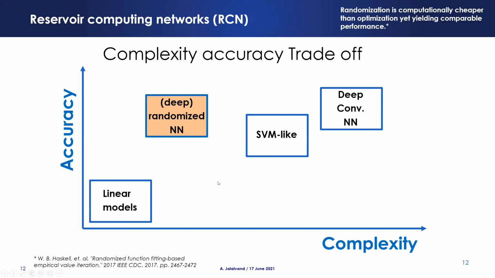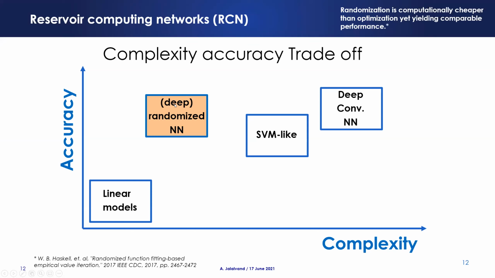If we look at this plot, linear models have very low complexity, we know that, but they also have low accuracy. On the other side of the spectrum, we have deep convolutional neural networks, which are very complex models, but of course with very high accuracy. Models like support vector machines stay somewhere in the middle.